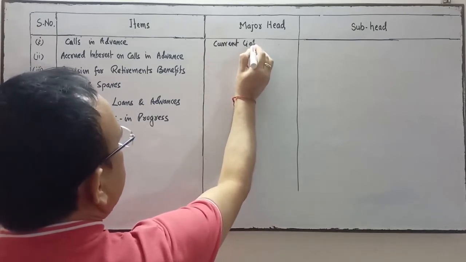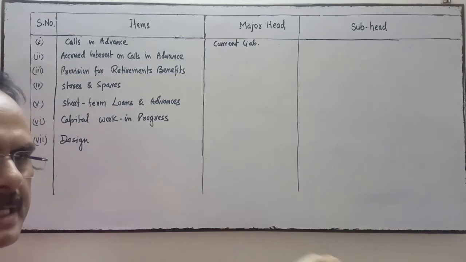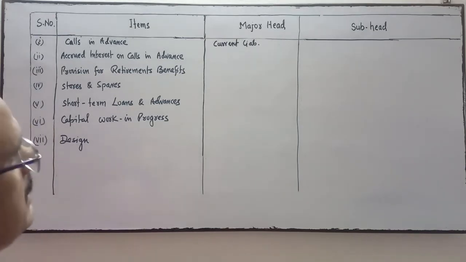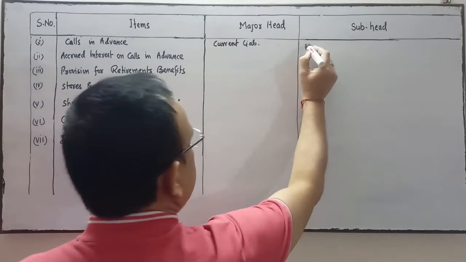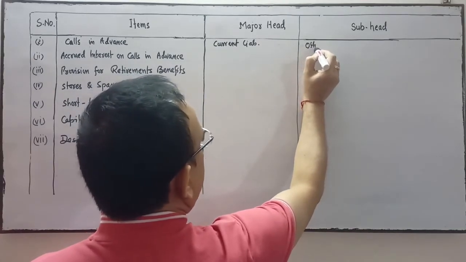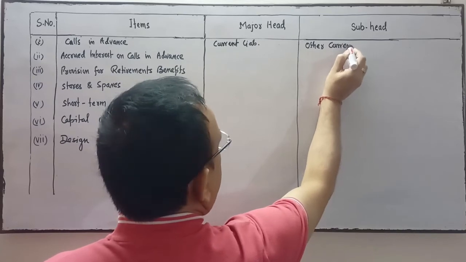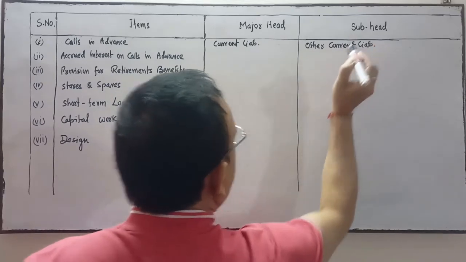The company has received this amount from the shareholder in advance, which will be adjusted within 12 months. The subheading is other current liabilities.